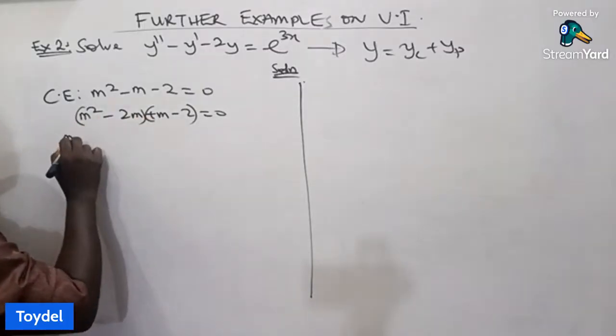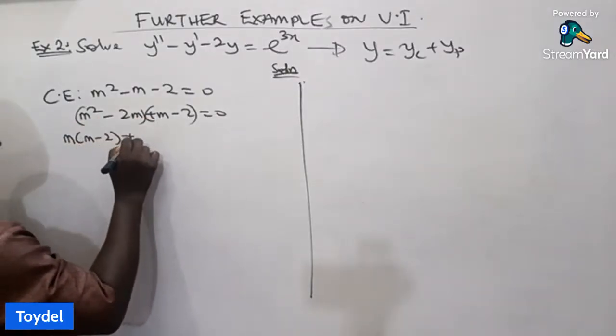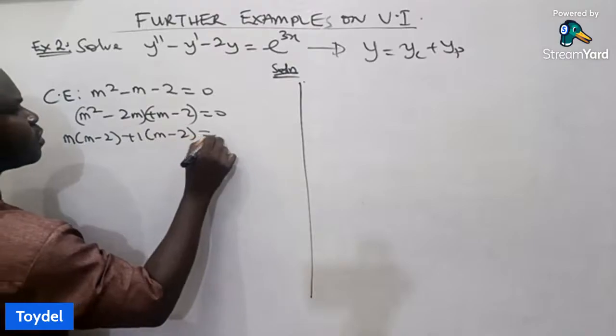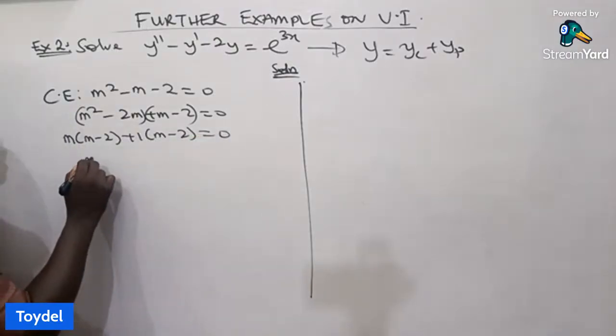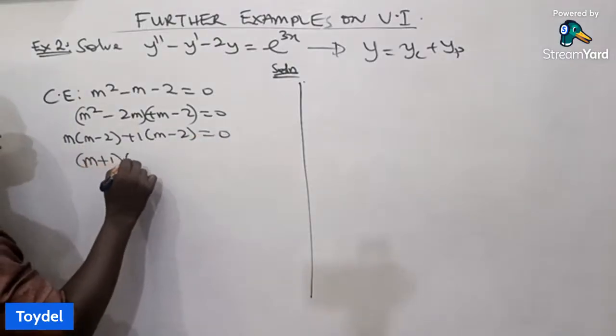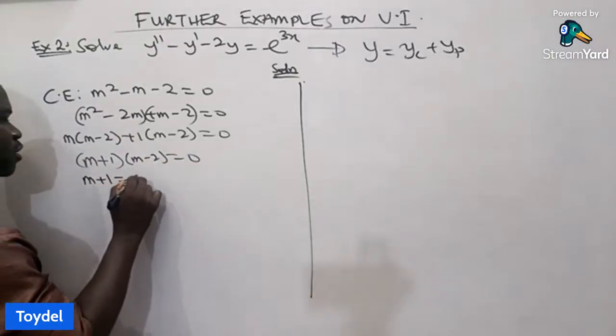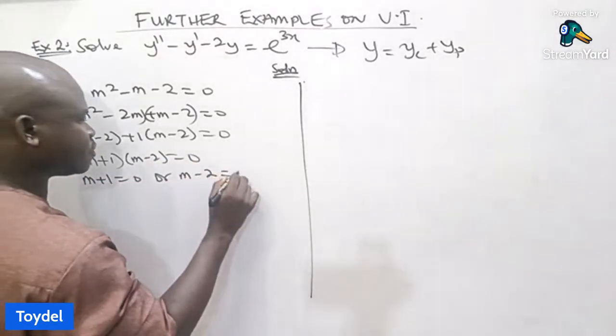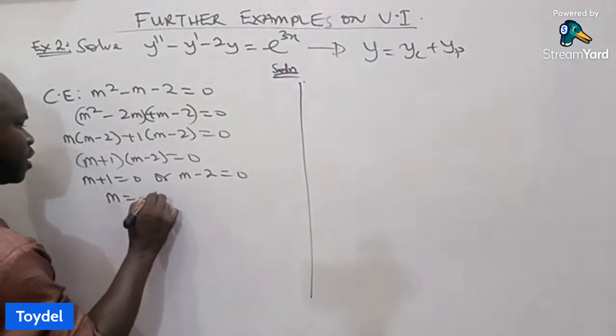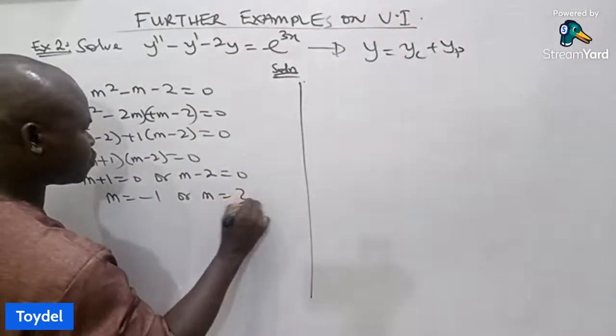So m into brackets m minus 2, plus 1 into brackets m minus 2, equal to 0. So we have (m plus 1)(m minus 2) equals 0. So m plus 1 equals 0 or m minus 2 equals 0. So m is equal to minus 1 or m is equal to 2.